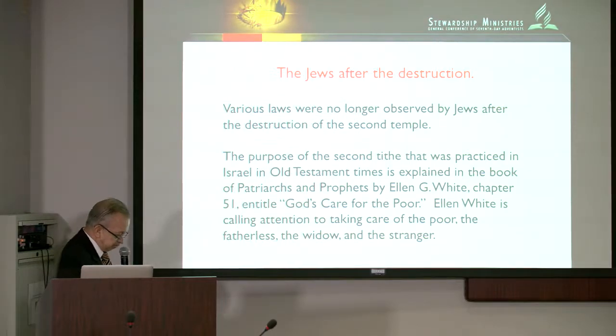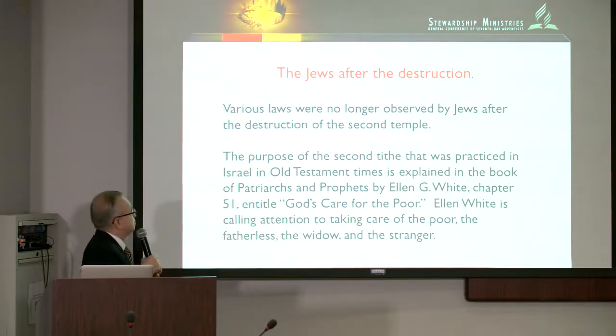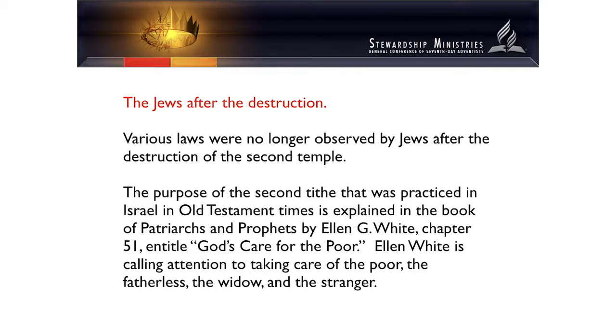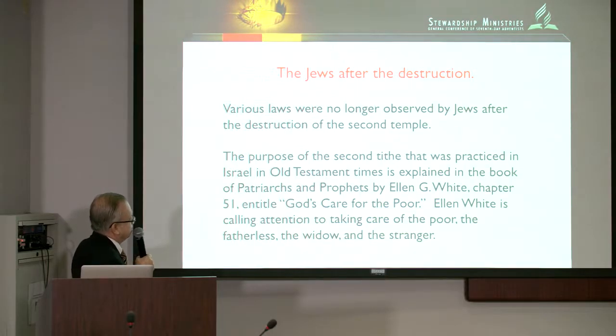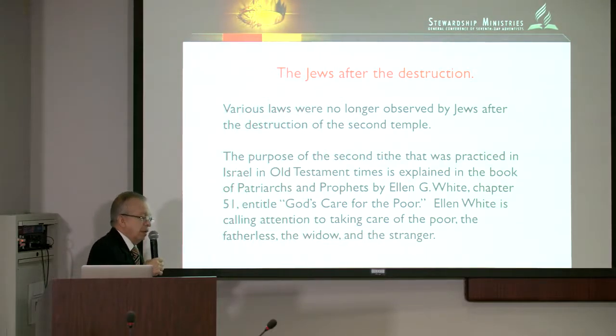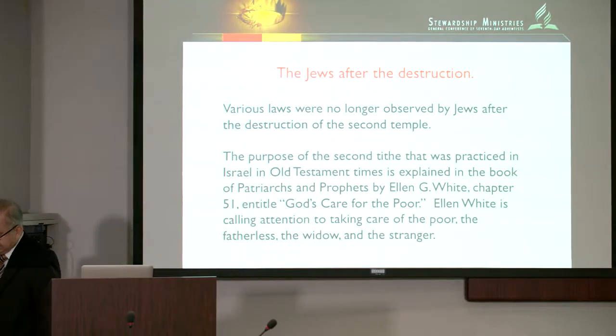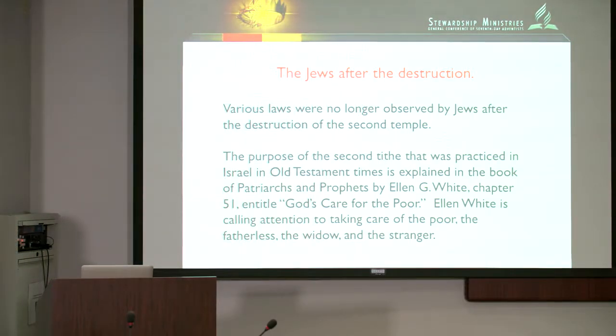Several laws were no longer observed by Jews after the destruction of the second temple. Why? Because they affirmed that the first tithe for the Levites was an express and direct order from God that should be for the Levites.